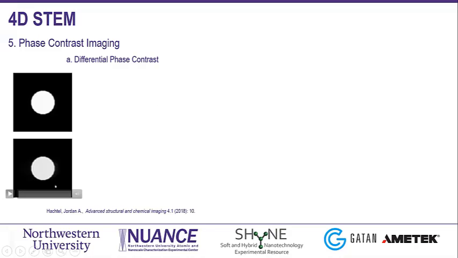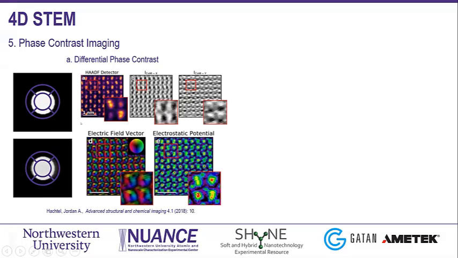So by capturing those diffractions and the variation in the center disk, you can place those virtual detectors that I showed in the beginning, right, and plot images like this, and combine that and retrieve the electric field vector and then electrostatic potential here.